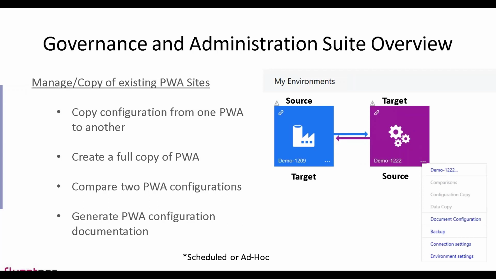It's mostly the managing and copying of existing PWA sites and content within them. You'll see prominently how, when we go into a specific site, you can copy configuration, create a full copy if you want, compare, audit, and then generate PWA documentation. This can be done scheduled or ad hoc, which is kind of an interesting feature. You can actually schedule any of these actions.